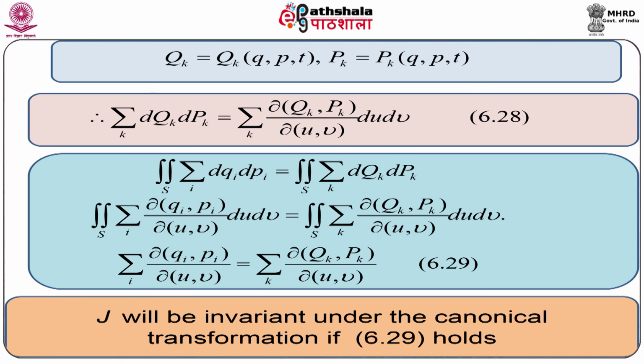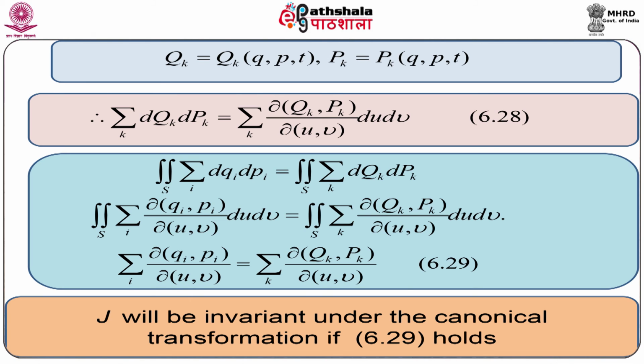So, if capital J remains invariant under canonical transformations, we must have double integration over S summation over i dqi into dpi equal to double integration over S summation over k d capital Qk into d capital Pk.